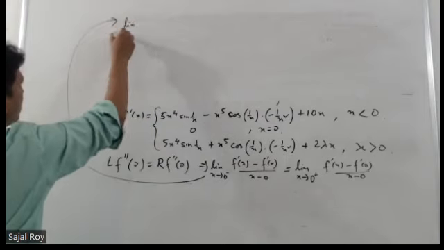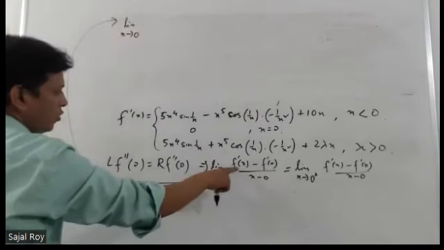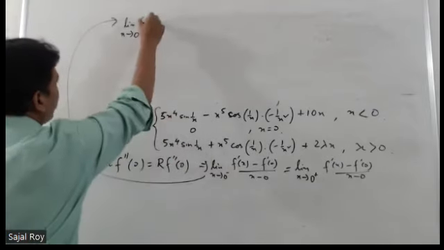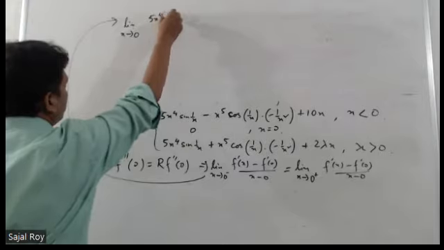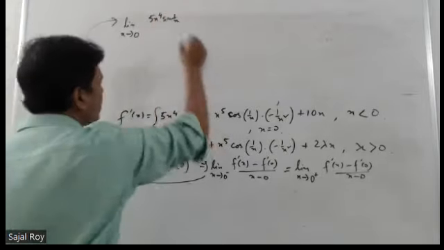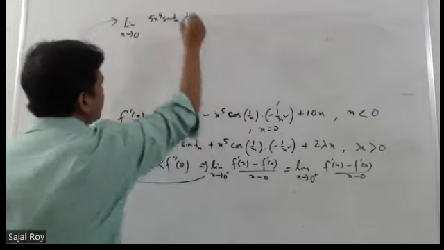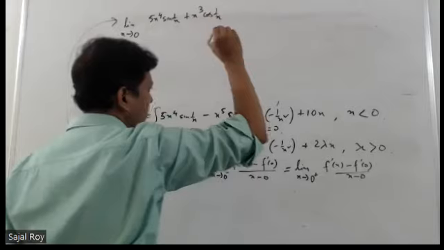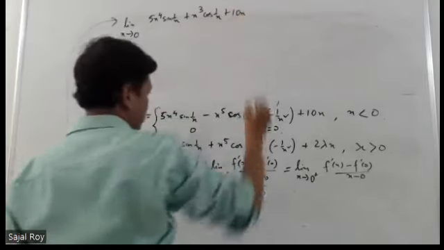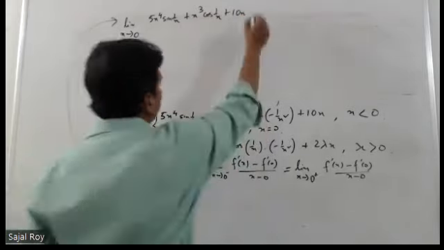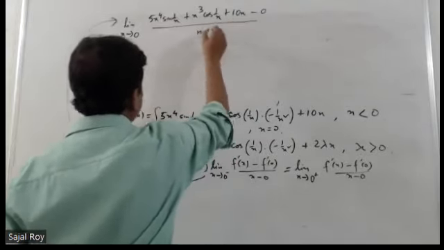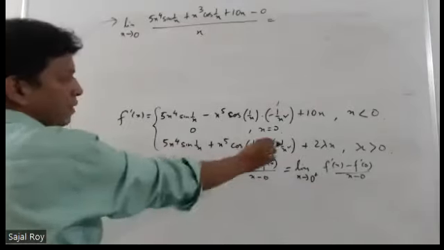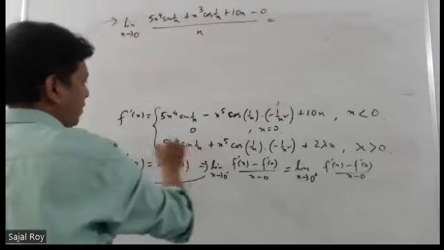So limit x tends to 0, your f dash x will be this one if x less than 0: 5x to the power 4 sine 1 by x plus x cubed cos 1 by x plus 10x, and this will be 0 by x. And on the right you will take f dash at this part, x greater than 0, the lambda part.